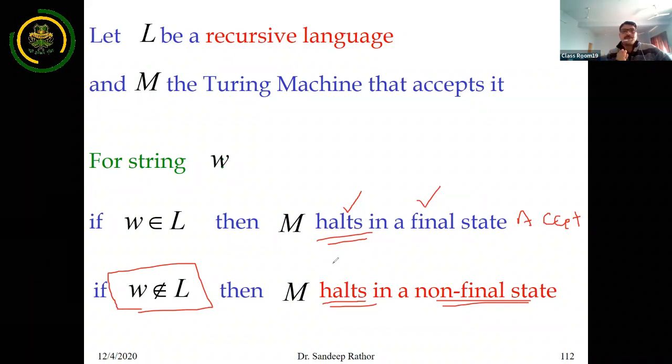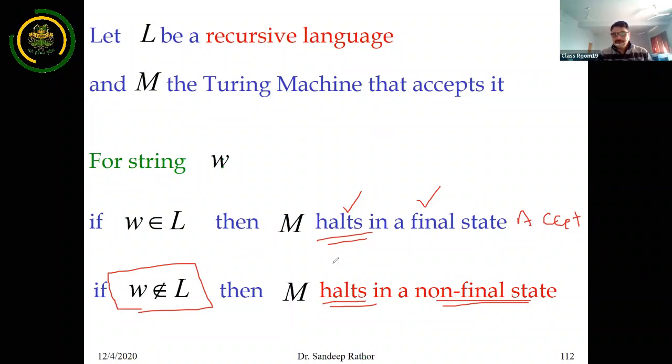So we can say that recursive problems are decidable, because in both cases there is decidability, or there is an algorithm or procedure by which we can decide whether it is accepted or not, and the machine will definitely halt. So this is the simple problem for the recursive language.